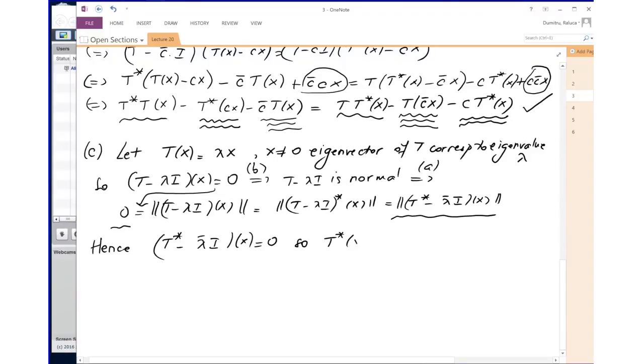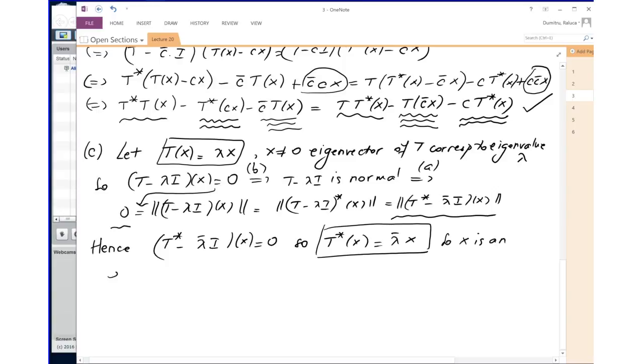But that means exactly that T star of x minus lambda bar x is 0. So T star of x equals lambda bar x. x was non-zero, so x is an eigenvector of T star corresponding to eigenvalue lambda bar.